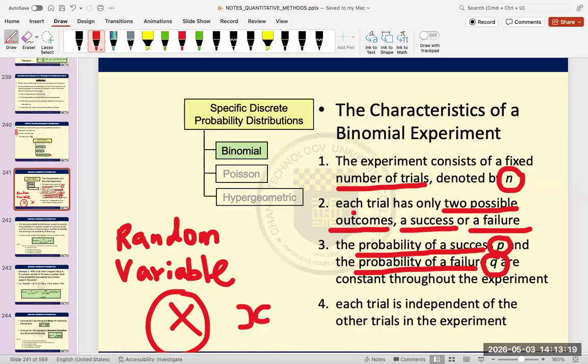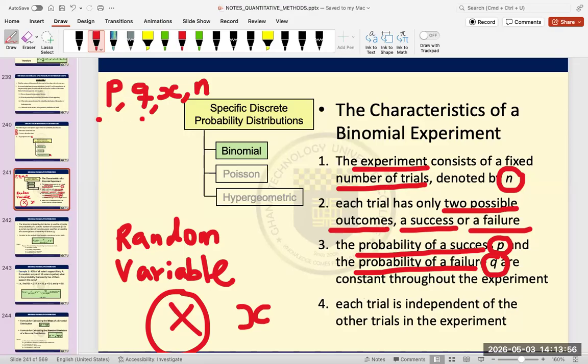In essence, these four variables you are seeing, the lowercase p representing the probability of success, the lowercase q representing the probability of failure, the lowercase x representing the random variable, and then the lowercase n representing the number of experiments or number of trials you do.